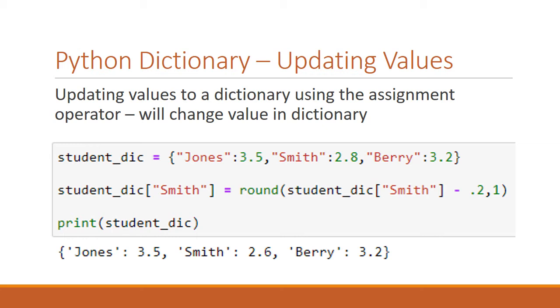So basically I took 2.8, I subtracted 0.2 from it, I rounded it to the nearest decimal place, and I'm assigning that to the item with the key Smith. When we print our dictionary, you see that Smith now has a grade point average of 2.6.